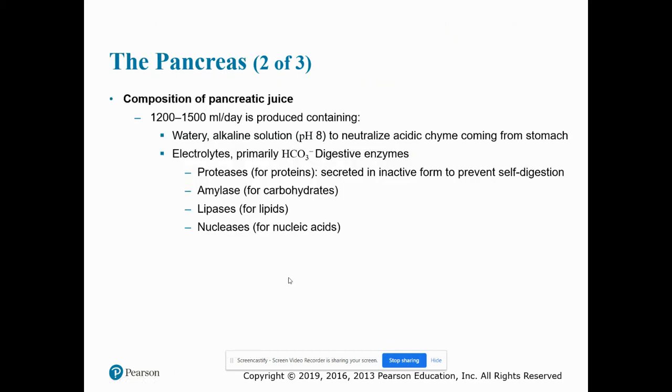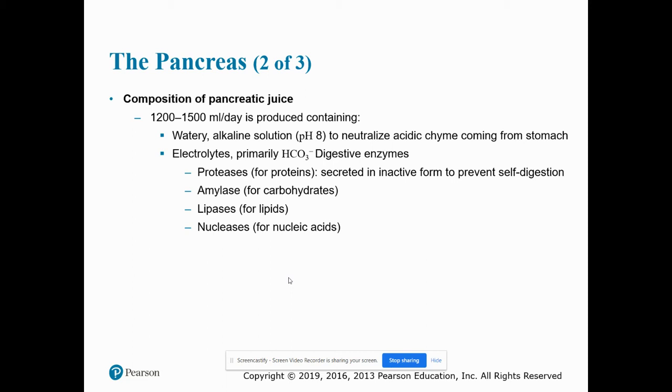So now we're going to talk about the composition of pancreatic juice. About 1,200 to 1,500 mils per day is produced, and it contains a watery alkaline solution, about pH of 8, and this is necessary to neutralize the acidic chyme that's coming from the stomach.